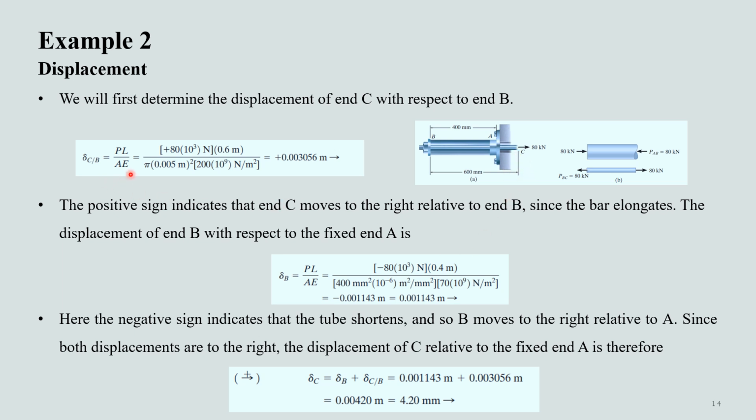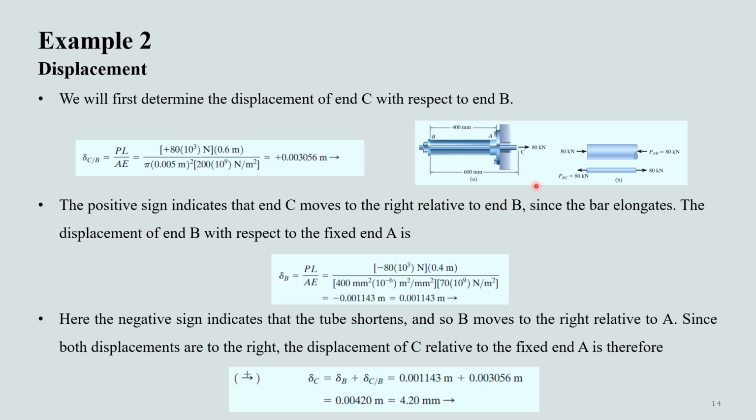Putting these in this equation, we have arrived at this particular displacement of point C with respect to point B. Now, the positive sign indicates that the end C moves to the right relative to the end B since the bar elongates.